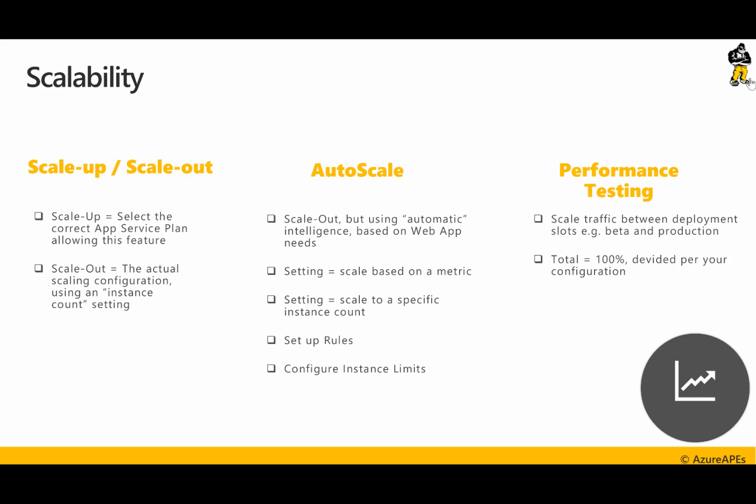So by using auto-scaling, instead of defining an instance count, we're going to use the automatic intelligence based on the web app needs, where you can define scaling based on a metric, like if CPU goes above 90%, deploy an additional instance of the web app. It will slim down the CPU performance to like 70% on average.